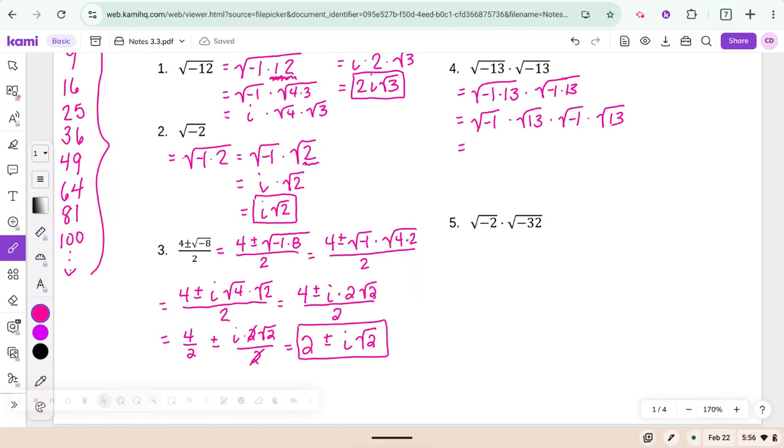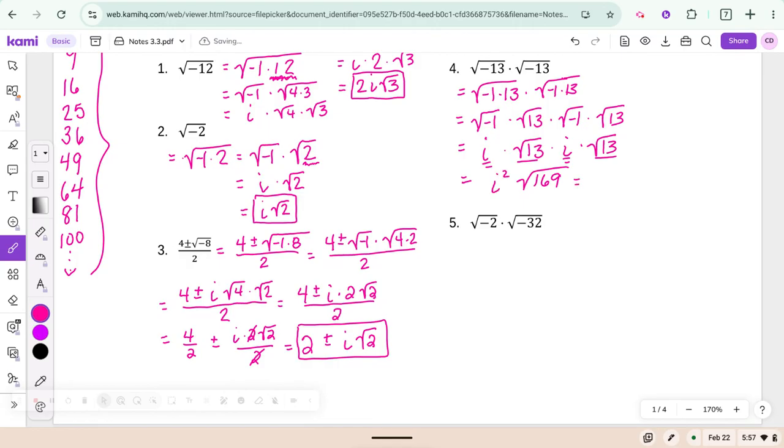I can rearrange this. Well, I can call the square root of negative 1 i, of course. And then I have the square root of 13, and another i, and the square root of 13. I can multiply these together and get the square root of 169. I can multiply the i's together and get i squared.